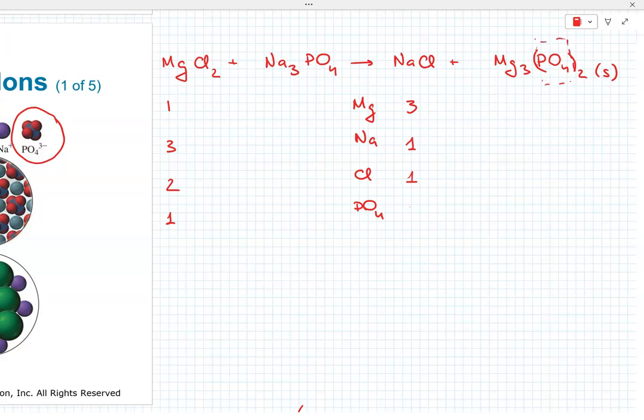So PO4 in brackets and 2 outside means that this formula unit contains 2 PO4s, 2 phosphates, for every 3 magnesiums. So we have 2 PO4 because of the subscript outside. Okay.